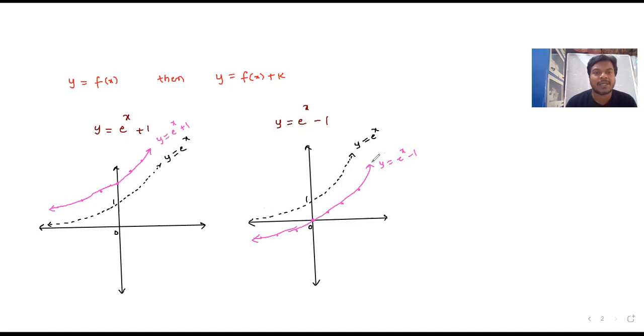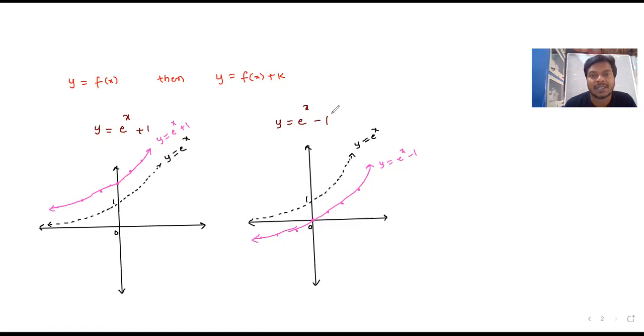So by these two graphs, what you observe, when you have added some positive constant, then shift the graph upwards. Next, when you have minus of some positive quantity, then you have to shift the graph below.